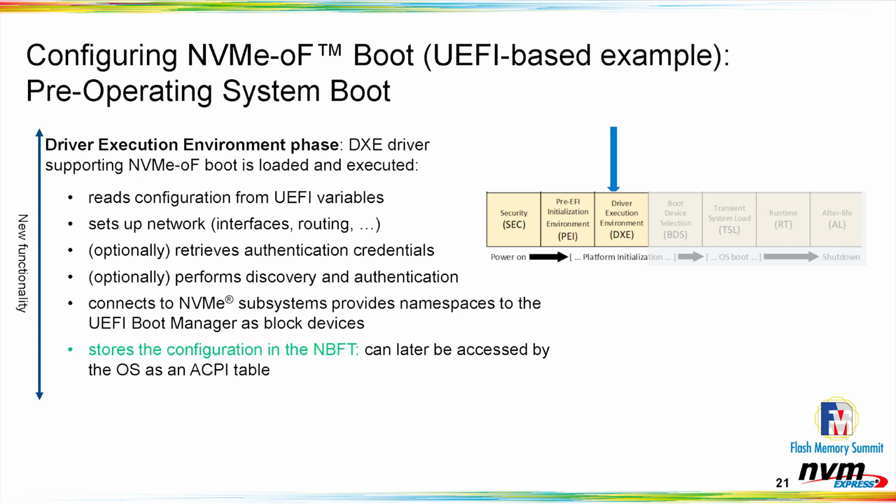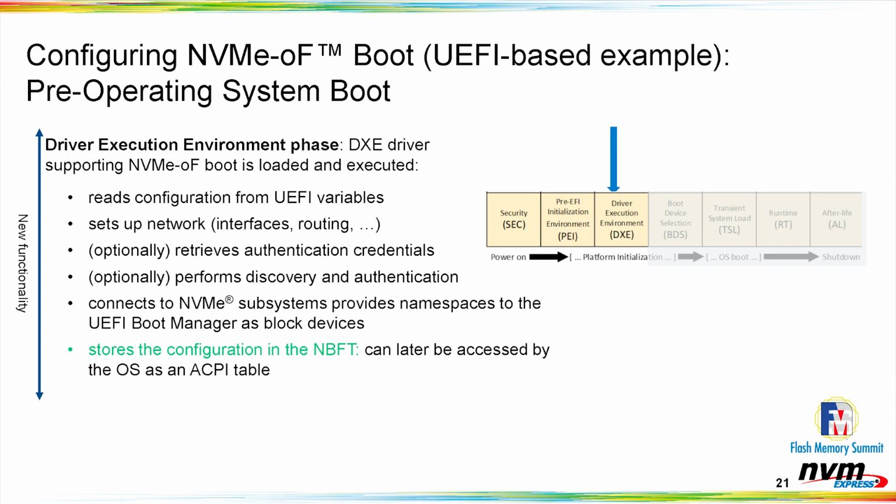The system has to read the configuration and variables that were loaded in UEFI earlier. And then here is where it actually sets up your network, the interfaces, the routings, makes your connection out to the NVMe storage device that was specified in the previous phase.